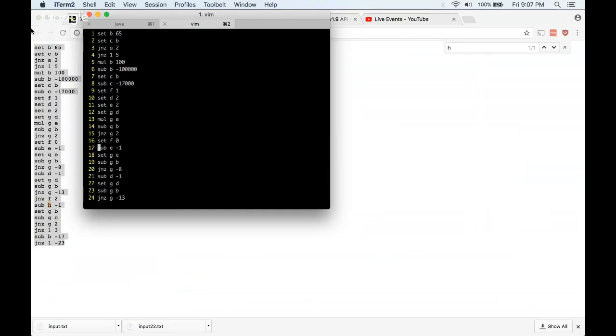Jumps 2, so it goes up here. Subtract 1 from E. Set G to be E, set G to be this, and then here go back 8. So 8 like this. So basically, at a certain point, G has got to be 0.